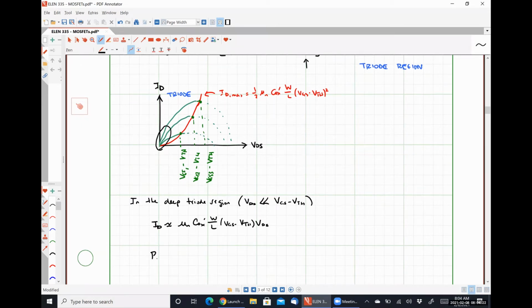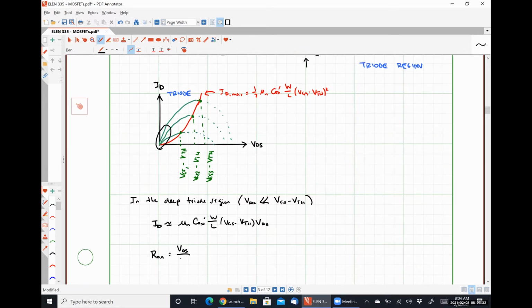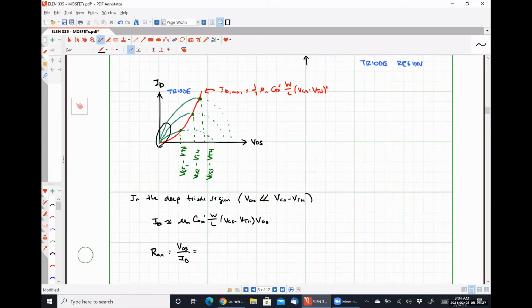So we're going to call that R on, and it has a value of VDS divided by ID, which would be 1 divided by mu n C ox W over L times VGS minus VTH.